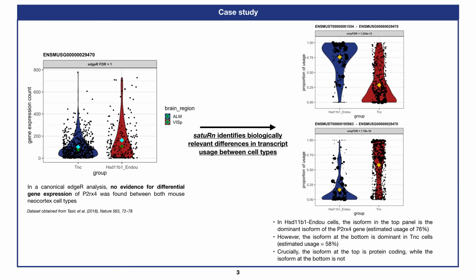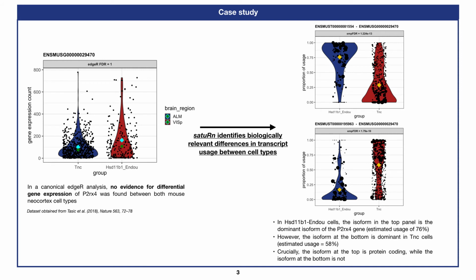We then used satuRn in a real single-cell case study to identify differentially used transcripts between the different cell types of the mouse neocortex. In this slide, I have focused on a single exemplary gene. In a canonical analysis with edgeR, we found no evidence for differential gene expression of the P2RX4 gene between these 2 mouse neocortex cell types.